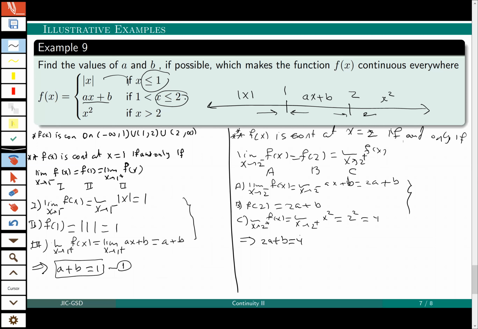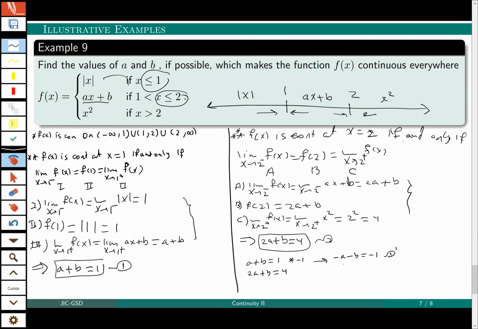Now we need to solve these two equations, 1 and 2. Equation 1: a plus b is equal to 1. Second equation: 2a plus b is equal to 4. If I multiply the first equation by -1, I will get minus a minus b equal to -1.